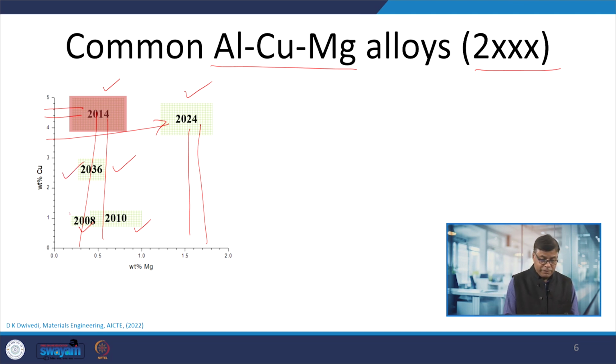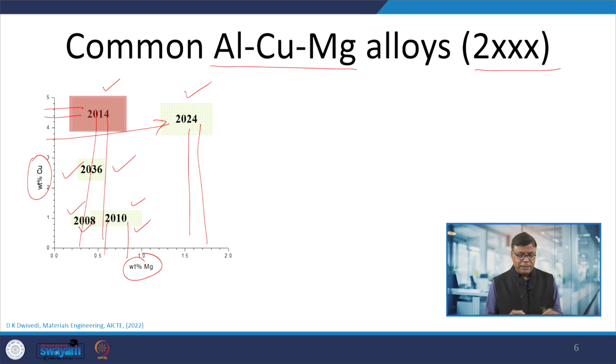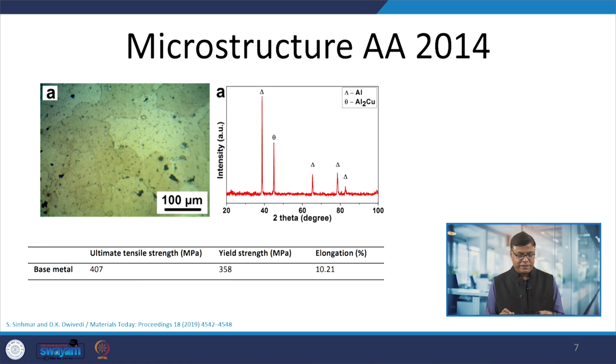For the other aluminum copper magnesium alloys, the weight percentage of copper and magnesium is lower, and this suggests the ranges of magnesium and copper content in common aluminum copper alloys 2036, 2008 and 2010, apart from 2014 and 2024. Okay. We will be taking up one case study related to this aluminum alloy, that is why I talked a little more.